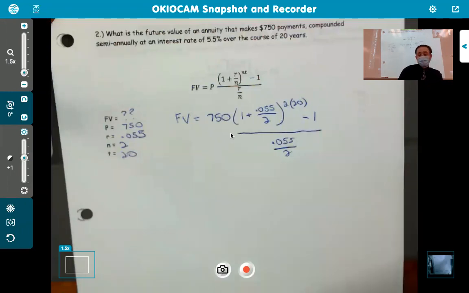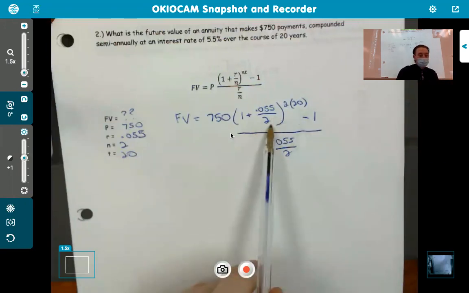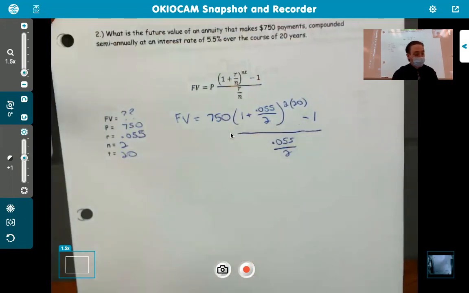What's 0.055 divided by 2? Somebody help me out with that. 0.0275. And if I add 1 to that, it's 1.0275, right?